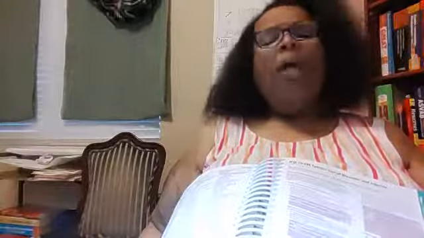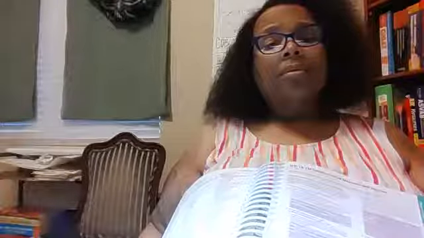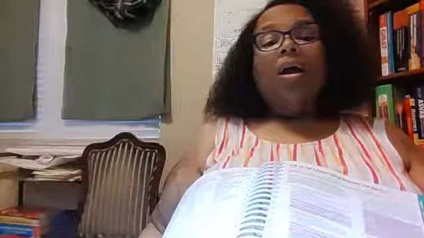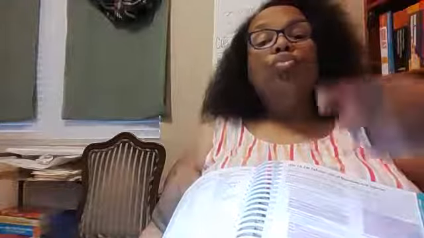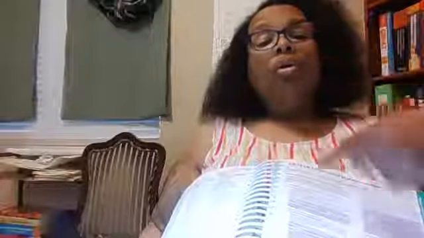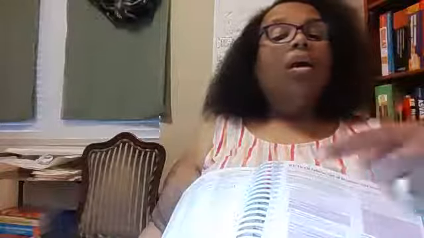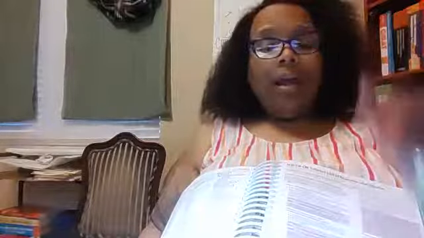And why is it called the alphabetical index? That's the part that lists all the codes, the diseases and injuries and so on, according to what? Alphabetical order. Yes, ma'am.